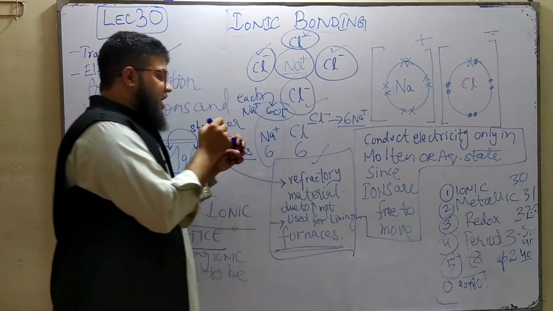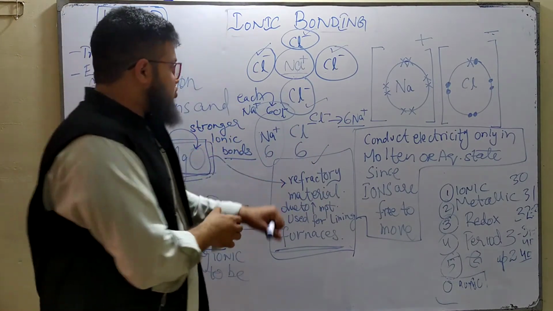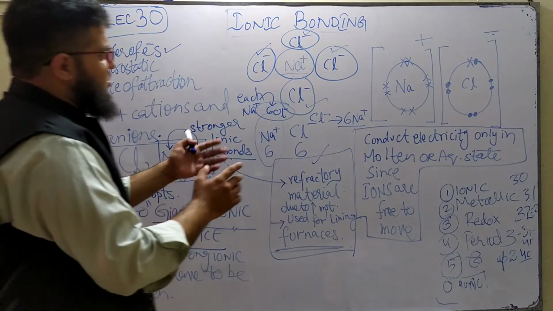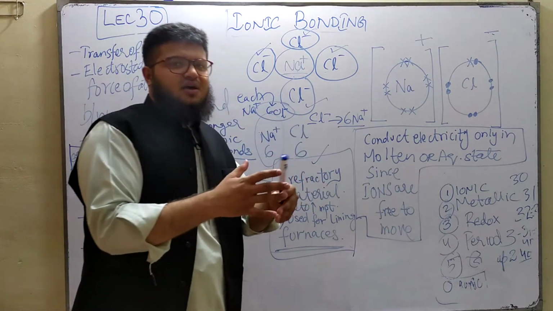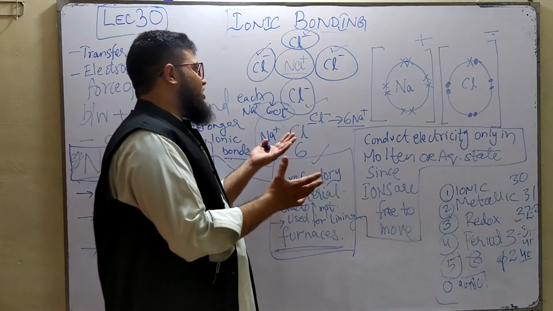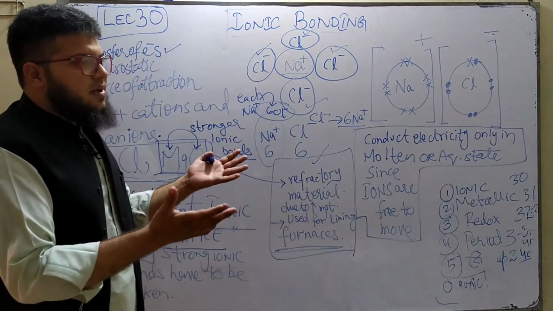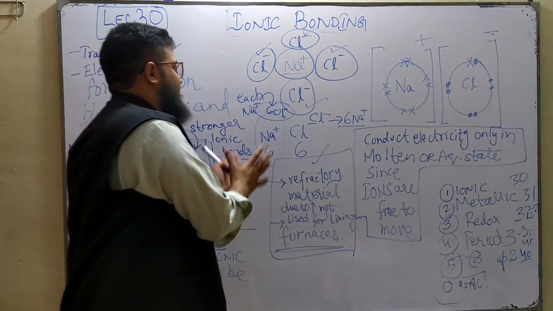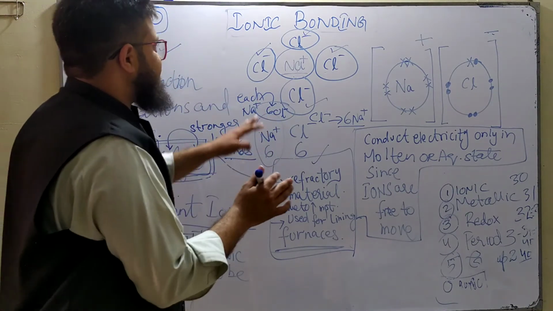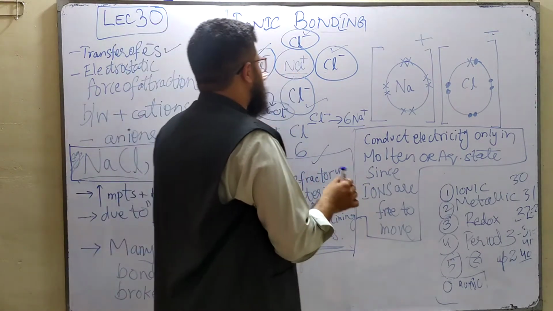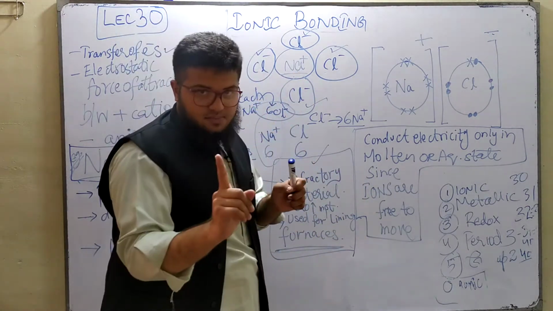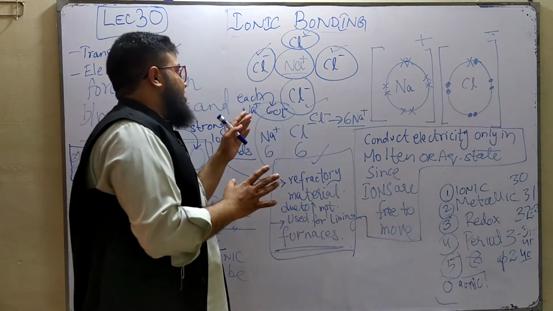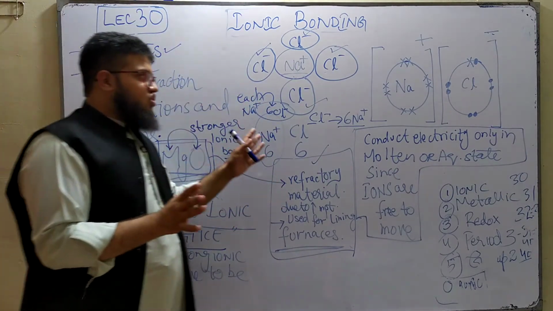This is something that might have been explained in your O-levels, but some of the students don't actually get the reason, while some teachers don't consider it important to teach in O-levels, because it's not actually a part of O-levels, it's a part of A-levels. So it's better to revise this concept, that each sodium is bonded by ionic bonds with 6 chloride ions, and each chloride is bonded by ionic bonds with 6 sodium ions.